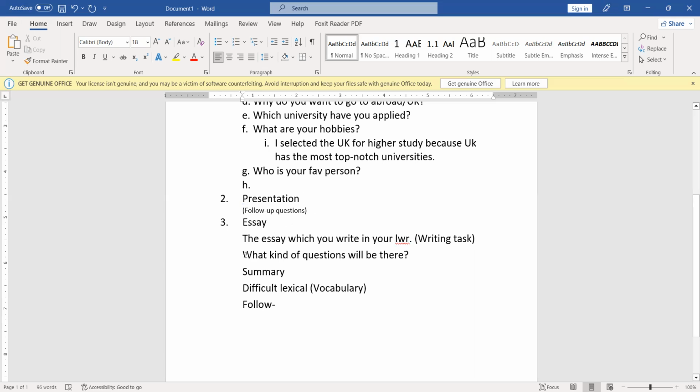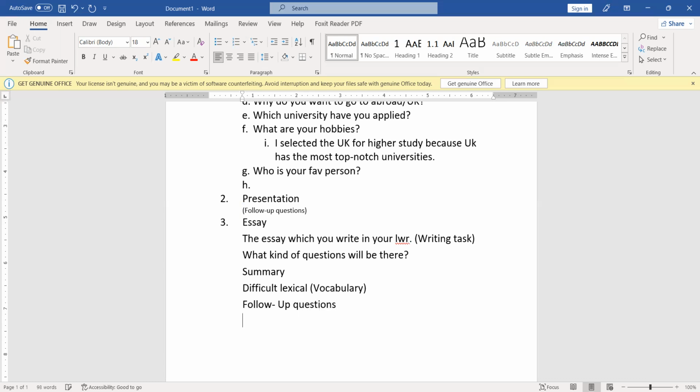And the third part would be the writing task which you have already done. There would be different kinds of questions. You may be asked about the summary of the essay which you have written in your LWR, or difficult lexical or tough vocabulary which you feel, or which examiners feel, that he or she has to ask. And there would be follow-up questions.